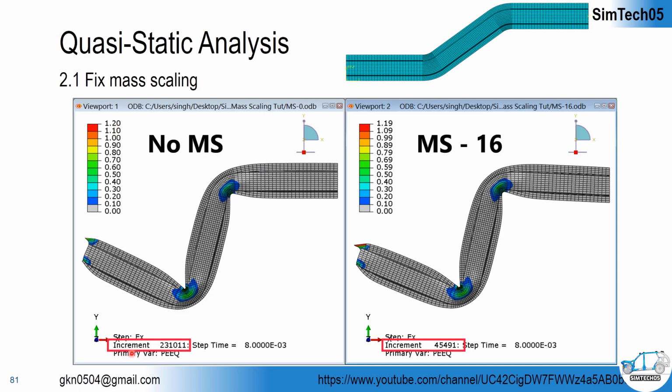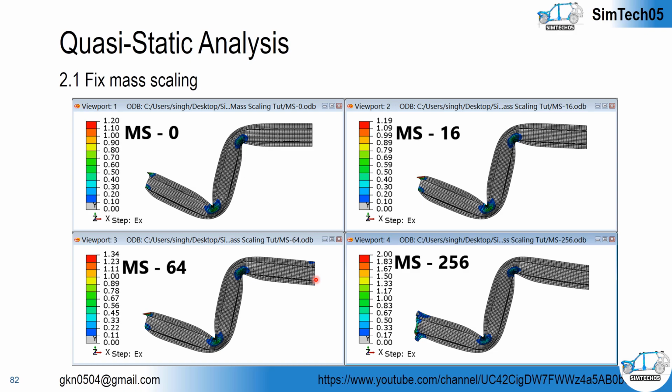If I talk about the number of increments, here it is around 2,31,000, or we can say more than 2 lakh, and here the increments are just 45,000. So the difference is huge. This simulation is completed very quickly and this took little time. We will discuss the CPU timing also.